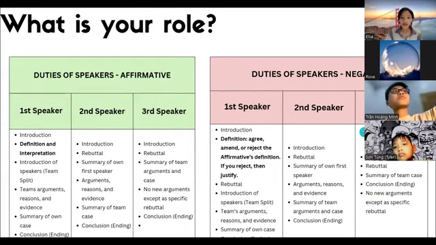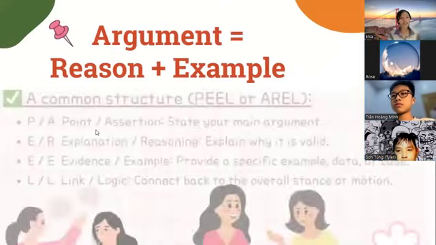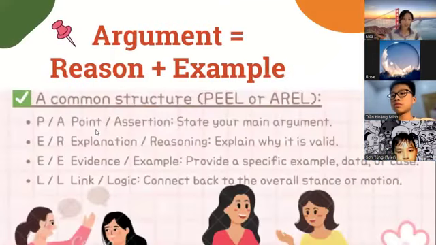Okay, now let's go into building arguments. I think I've talked to you about the rebuttaling technique, and building arguments is basically the same. We have a structure called PEEL or ARROW, which is like the rebuttaling technique.